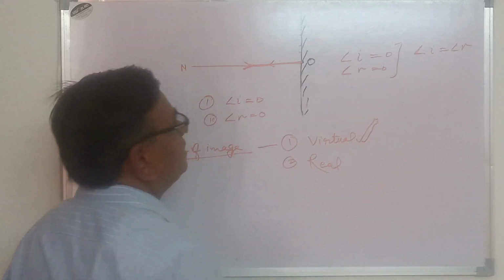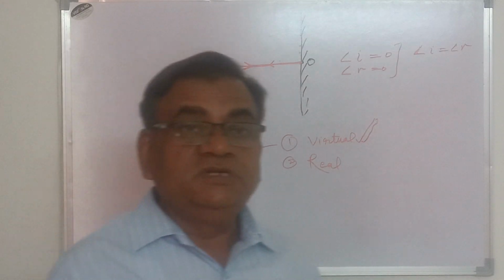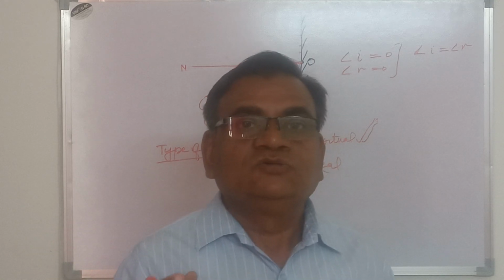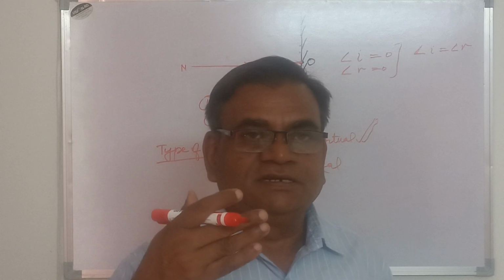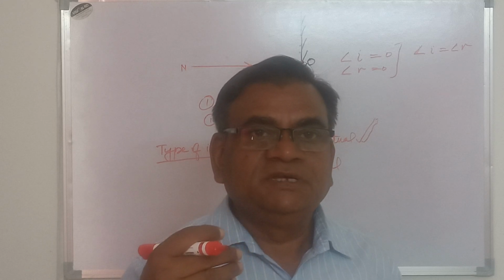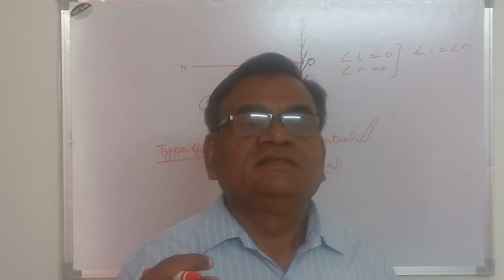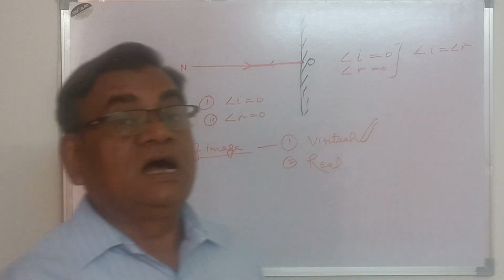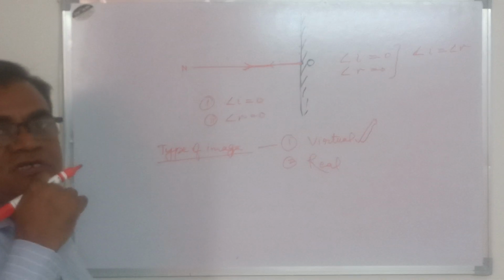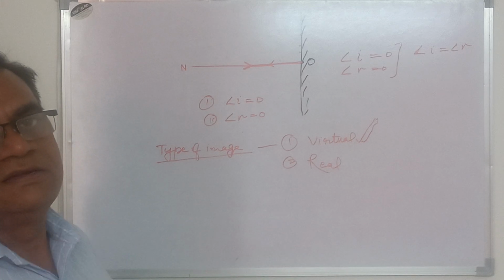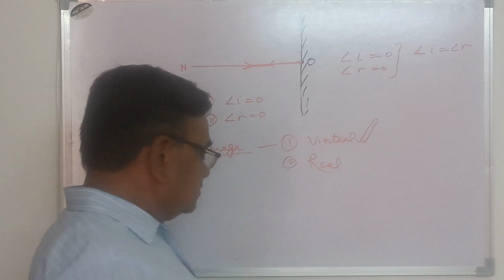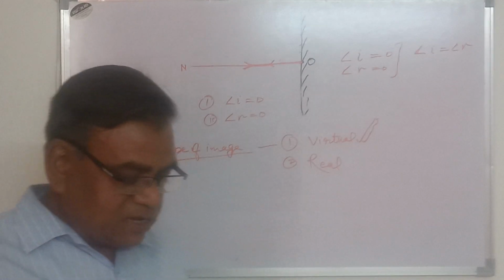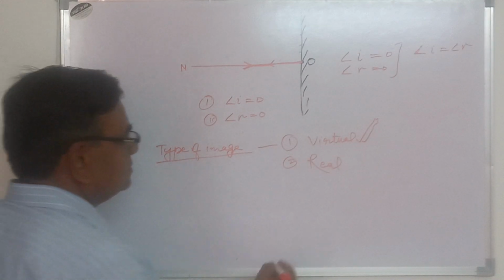virtual, because the rays seem to meet behind the mirror, but they don't actually meet. So you cannot take the image on the screen. So image made by the plane mirror is always virtual, आभासी, महसूस कर सकते हैं, but you cannot take it on the screen. Number 2, B कह रहा है on a cinema screen naturally.